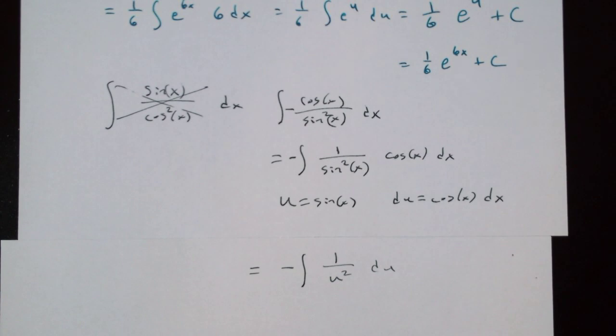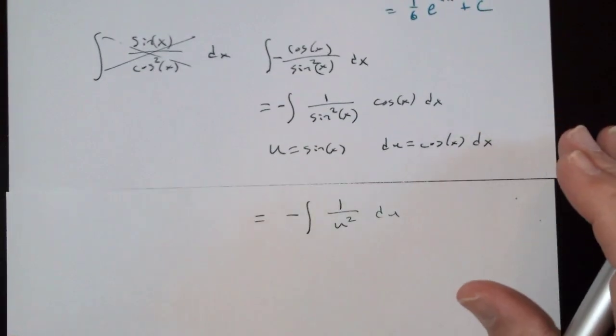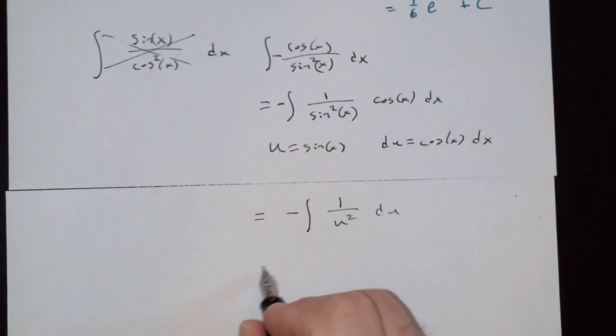Son of a bitch. Wait a minute. Why does that help me? What's the antiderivative of 1 over u squared? Oh, it might help if I rewrote that to be a power.